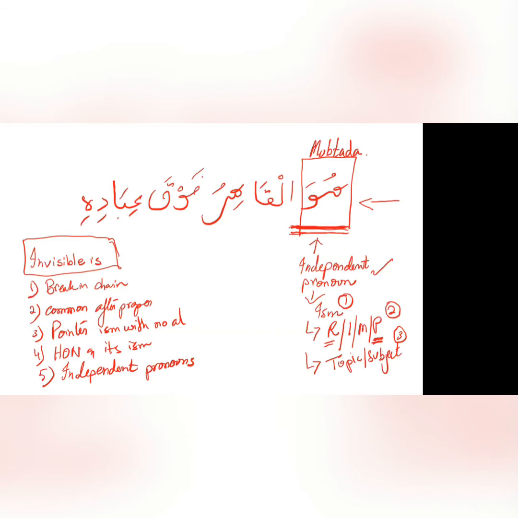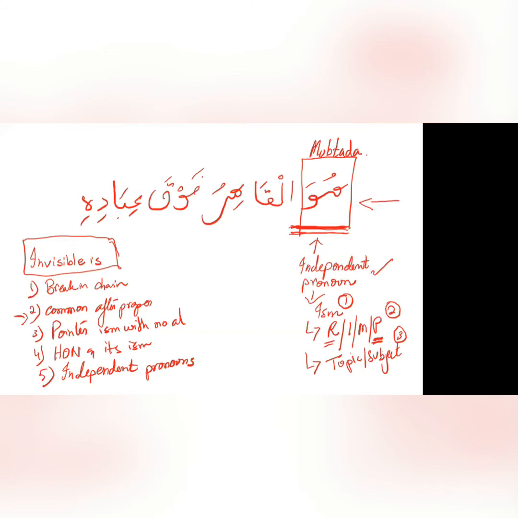So either you have a break in chain, which we will discuss right now through our process, that there is no relationship between the two words that we are analyzing. That will mean that one bucket is ending and the other is starting. Then number two, common after proper.